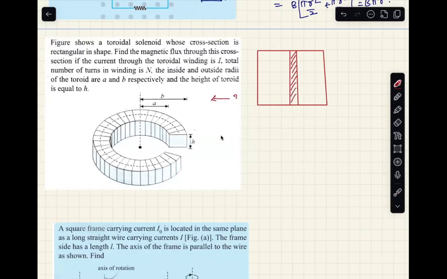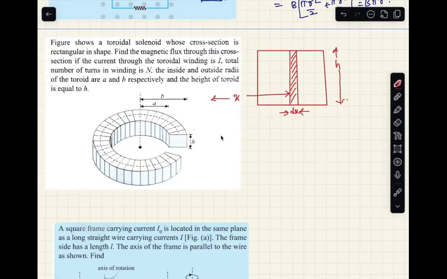This element is at a distance x, whose width is dx. You said the height of toroid is h. How to deal the magnetic field here?